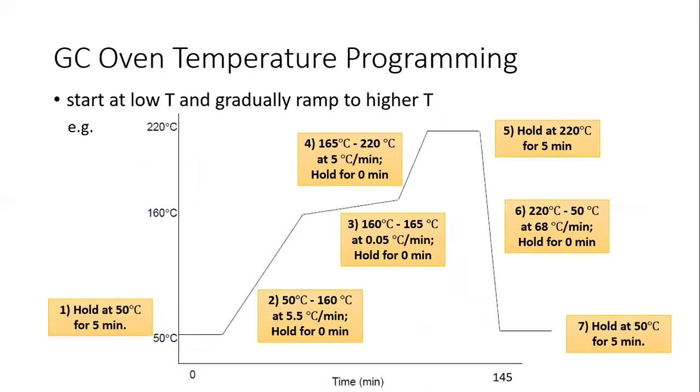This is an example of how temperature programming is used when performing GC analysis. Usually you start at a very low temperature, at room temperature, and then you gradually increase it. Then after you've run your analysis, you slowly decrease the temperature of your oven back to the initial temperature or to room temperature, so that the oven and the column are not damaged.